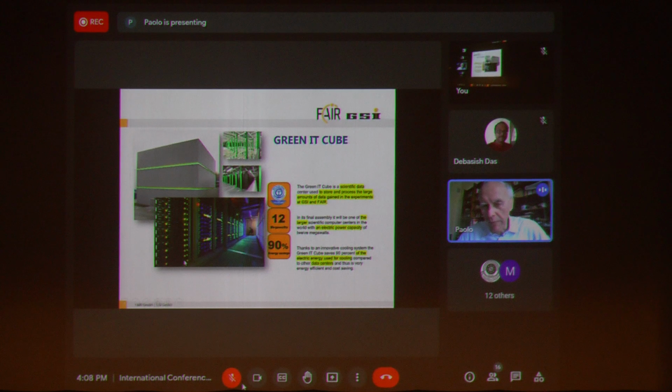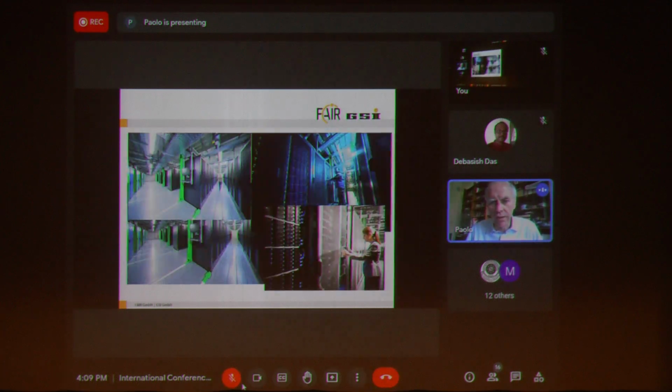Not on the total power, on the cooling power, let's be honest. But sustainability and the ability to treat at the same time huge amounts of data in real time, things that are not easy to measure. Huge amounts of data, fast processing, and sustainable systems. This is what we try to do, and we continue to develop.